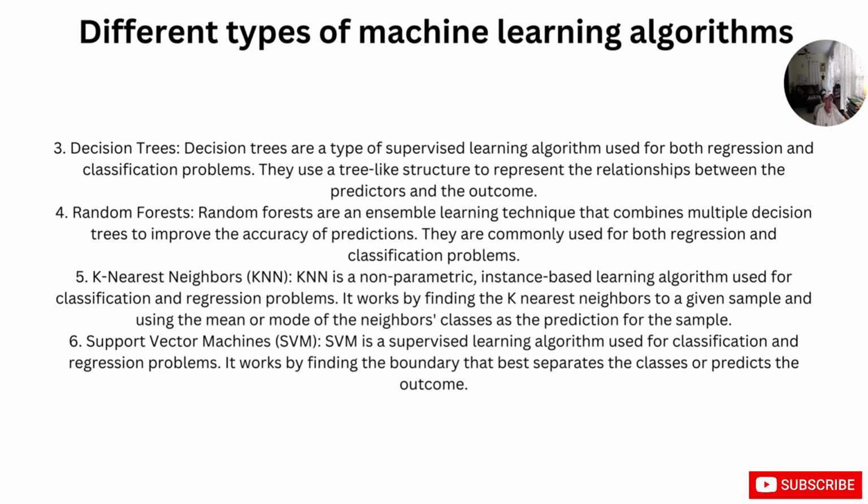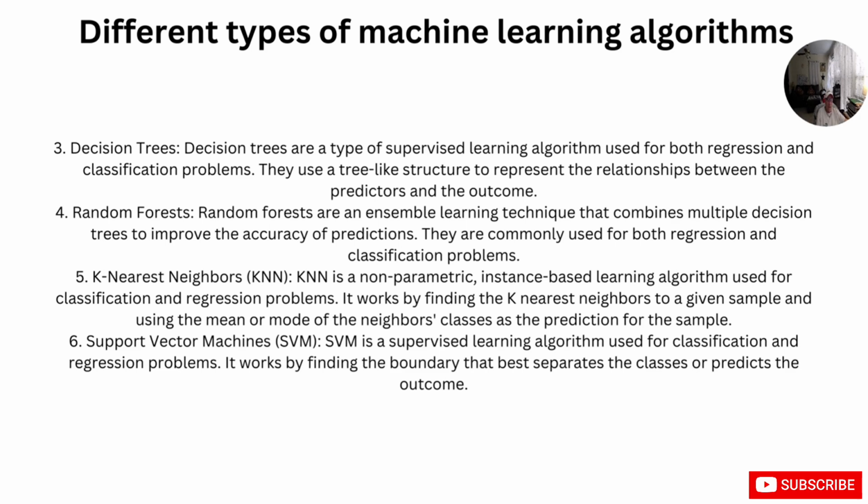KNN is a non-parametric instance-based learning algorithm used for classification and regression problems. It works by finding the K nearest neighbors to a given sample and using the mean or mode of the neighbors' classes as a prediction for the sample.